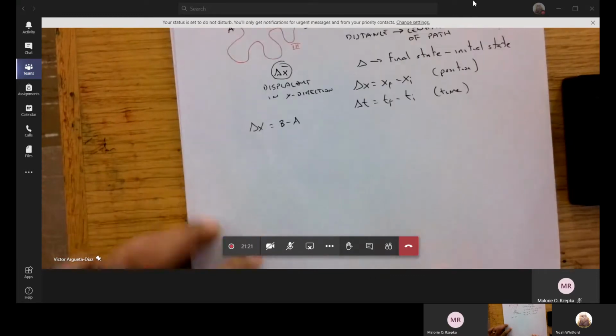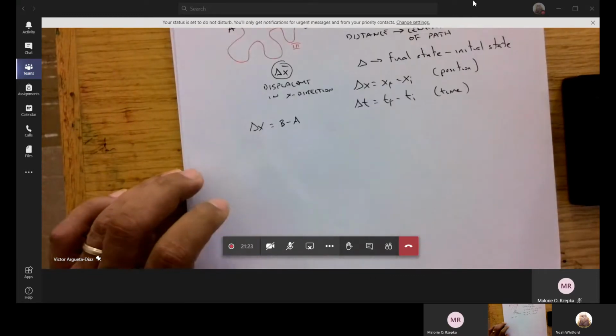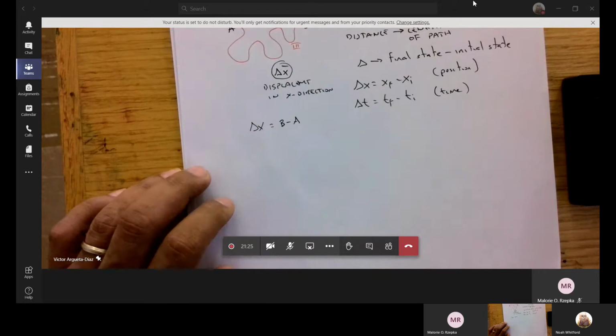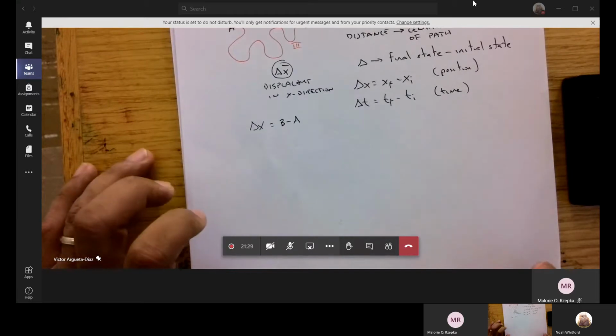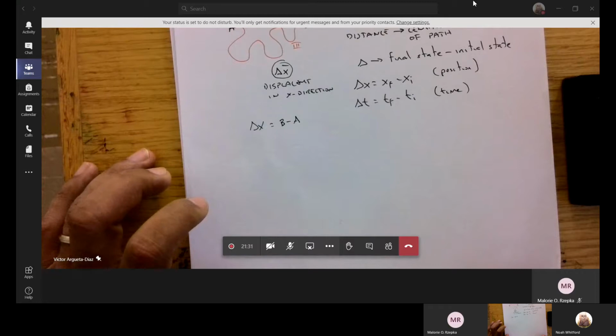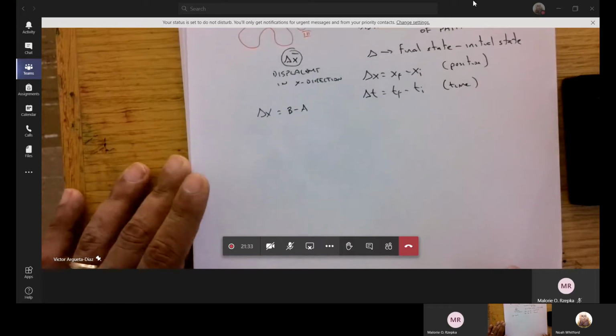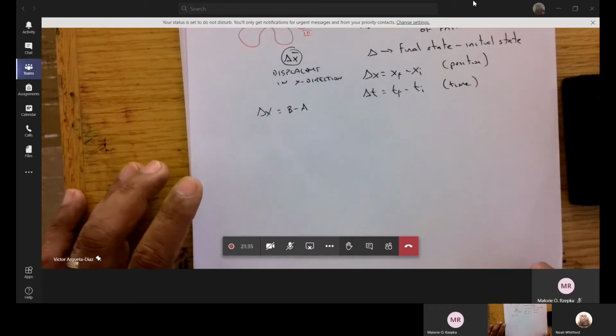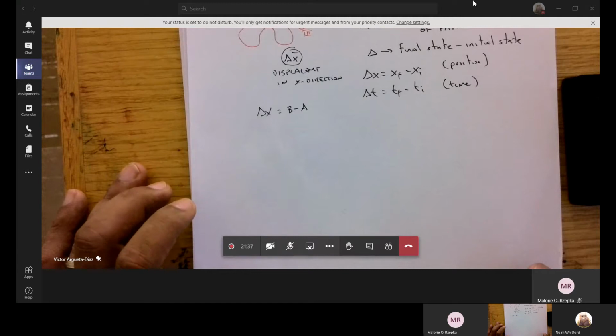Okay, so in order to work with vectors, one thing that we need to do is find a way to quantify them. To do that, we usually place the vectors in a coordinate system, with a reference point.